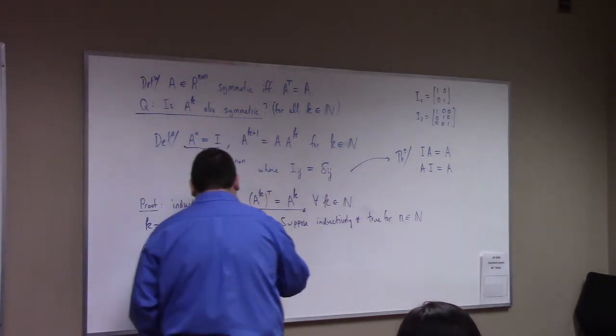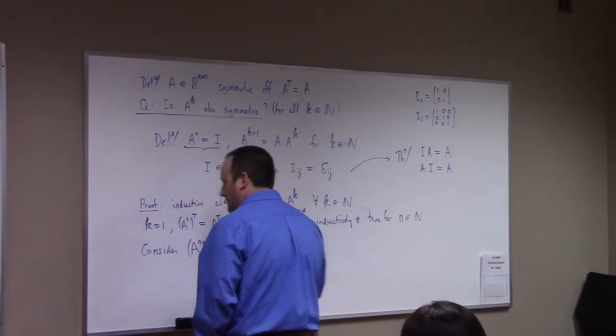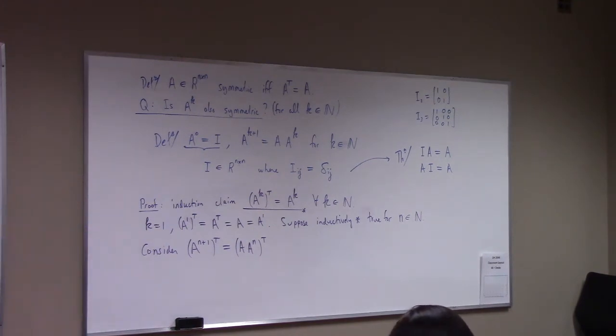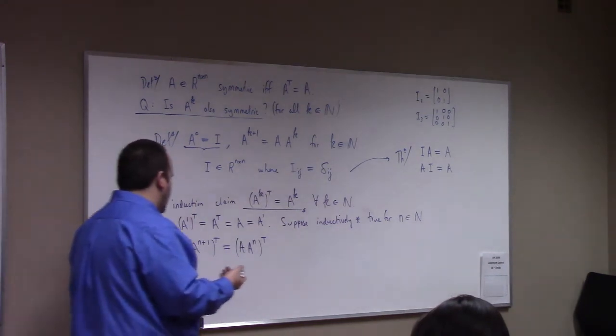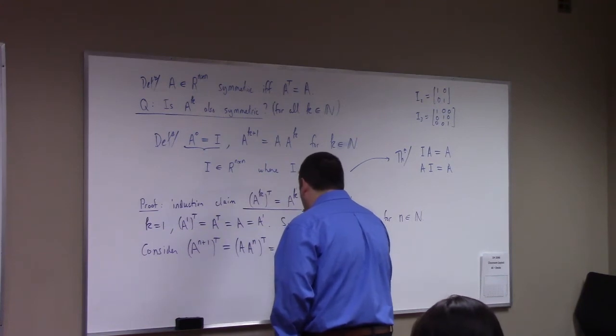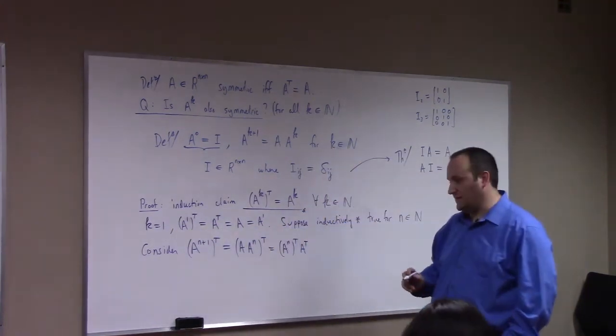It's A times A to the n, right? That's the definition of matrix power. So then we use your homework problem, the socks shoes identity, with A to the n basically playing the role of B. And so this gives me A to the n transpose times A transpose, right, by socks shoes identity.